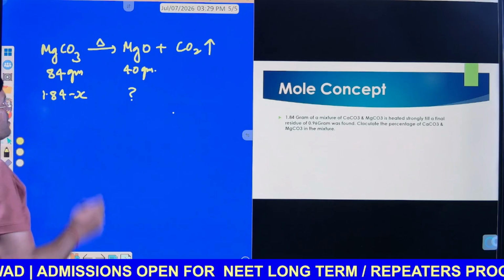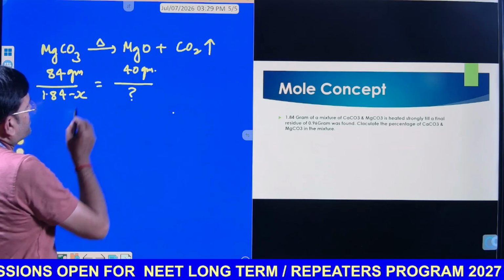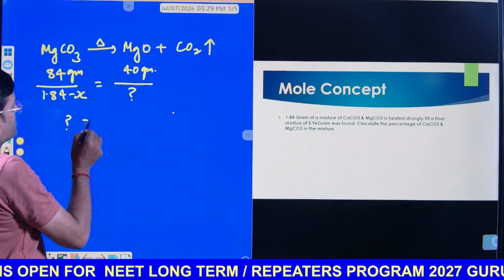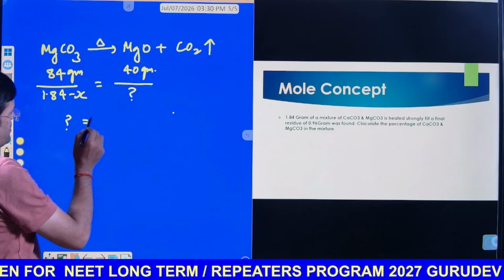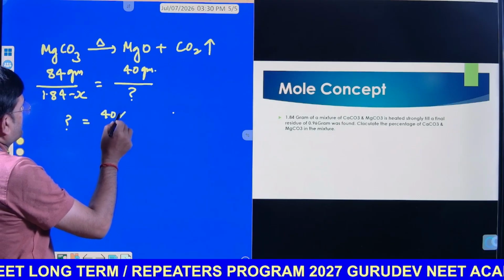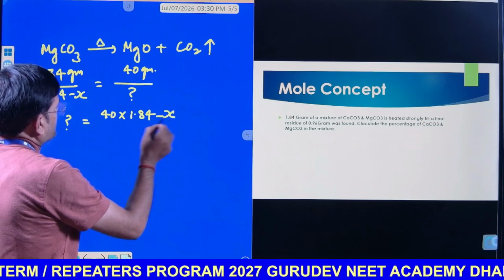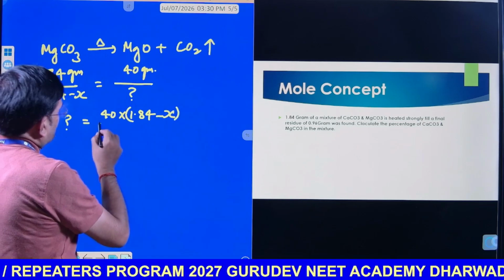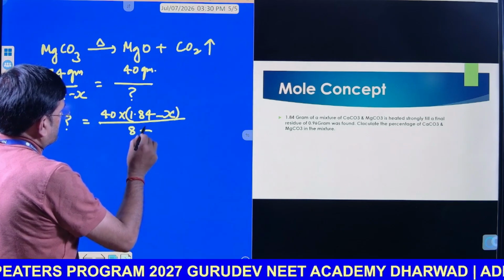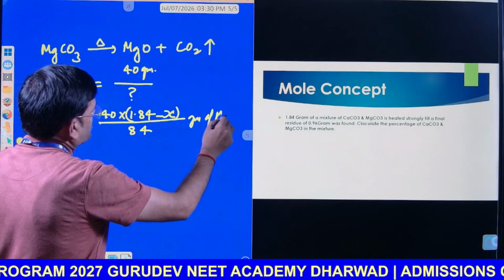So this much gives this much, so 1.84 minus x gram will give how much? Let us see the question mark. This divided by this is equal to this divided by this, giving the mass of magnesium oxide. So this is going to be 40 into 1.84 minus x divided by 84 gram of MgO.